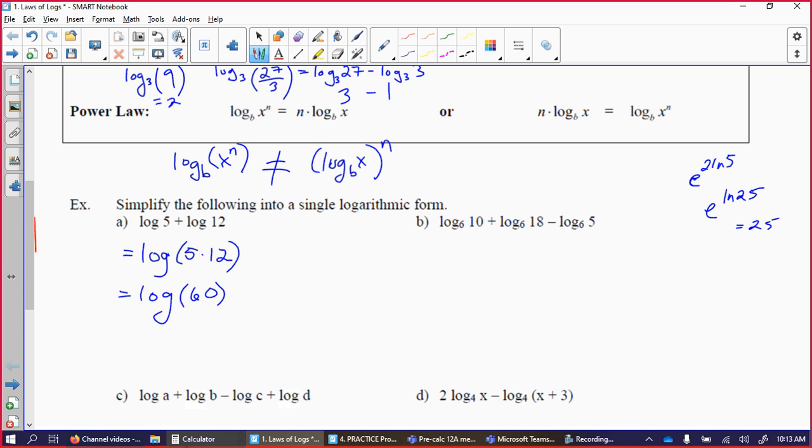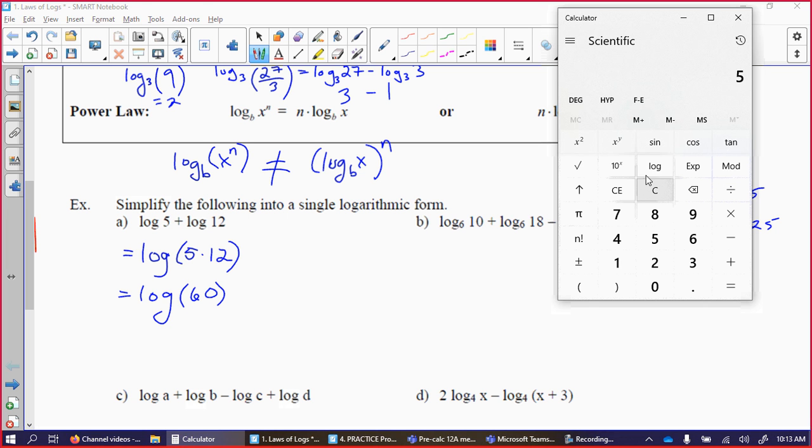If you like calculator proof, the log of 5 is 0.69897.